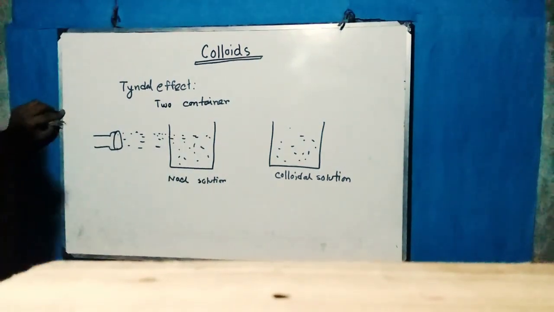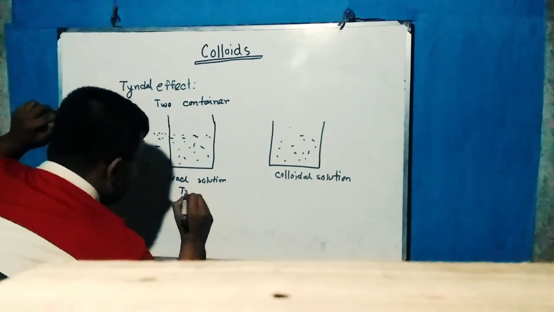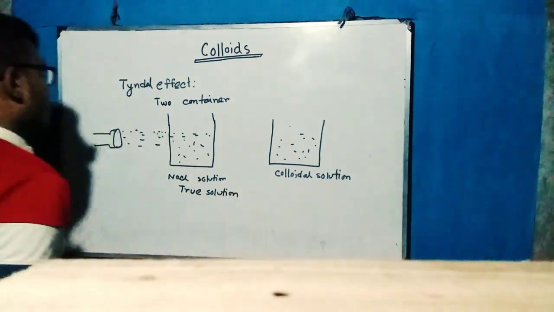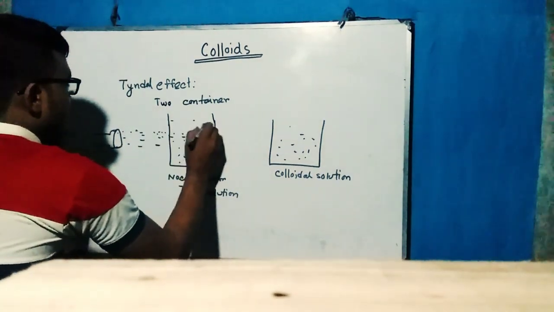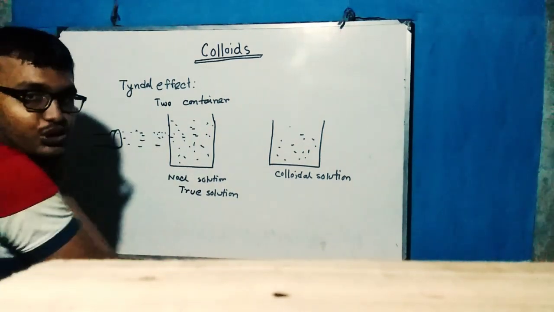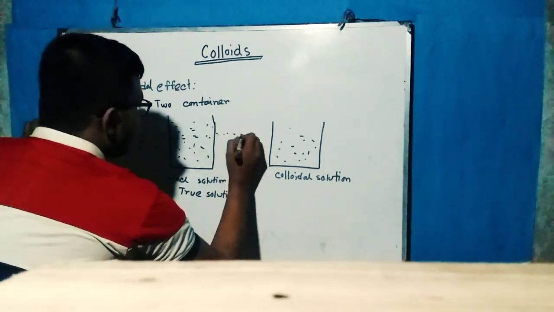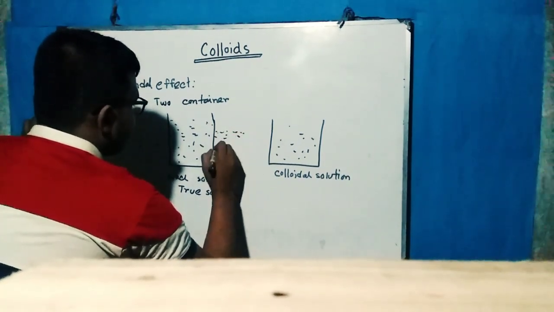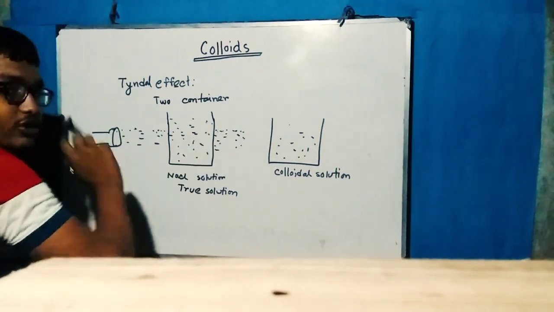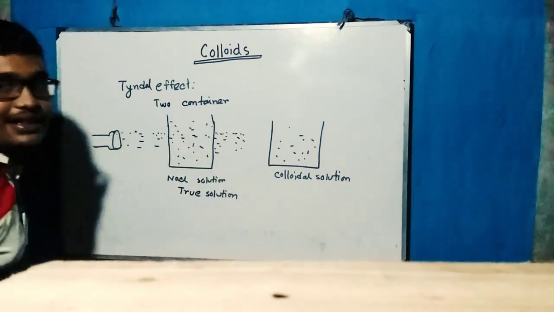When we pass light through a true solution, we know that the sodium chloride solution is a true solution, we won't find a path in the solution. The light will be emitted at this position. The light passes through the sodium chloride container, but we won't find the path from where the light is passing.